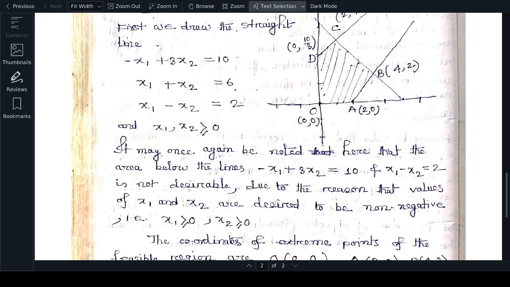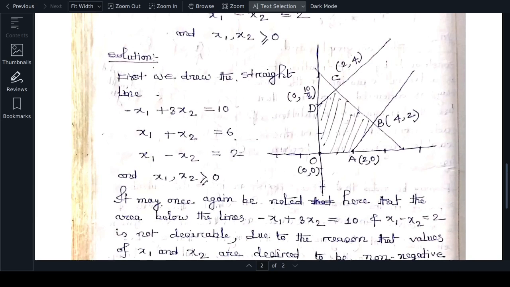If you put these, you will get the origin-containing side. Here you see x1 minus x2 less than or equal to 0, or greater than or equal to 0, then you draw a line passing through the origin.